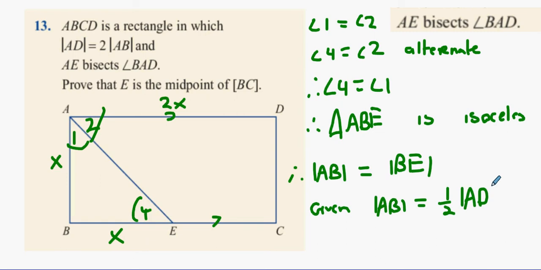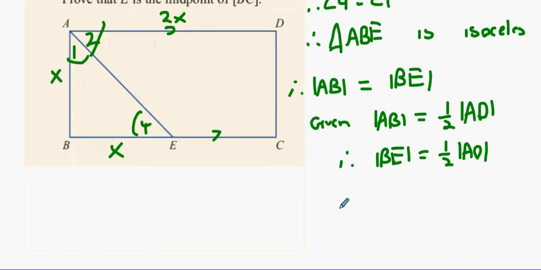So this proves that BE is a half of AD, and we know because it's a rectangle, AD is the same length as BC, so therefore it follows that BE is half the length of BC.